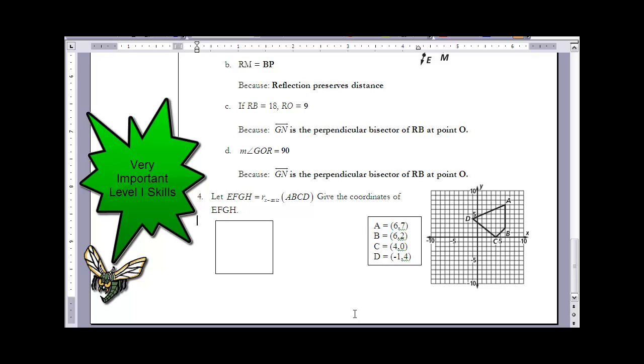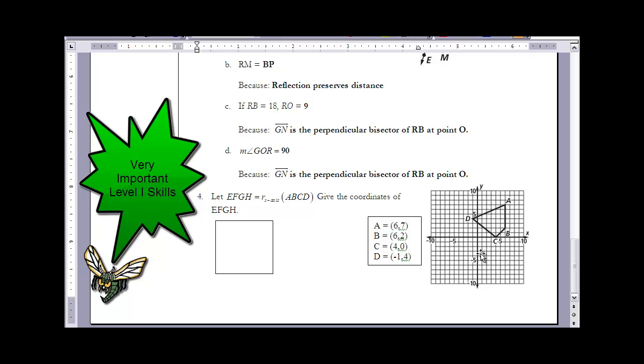Okay, so the first thing I'm going to do is get the coordinates of ABCD, which I've listed over here. Okay, and then what I'm going to do is I'm going to take each of those coordinates and switch the y value, because remember now when I reflect it over the x-axis, it's going to come down here.